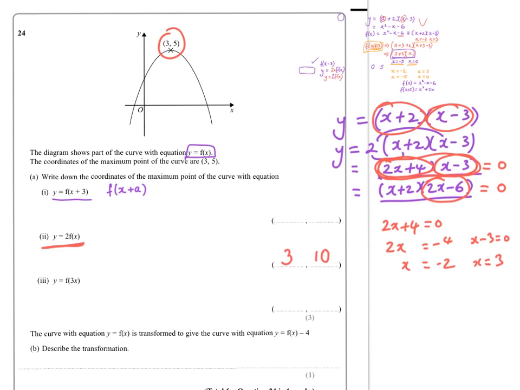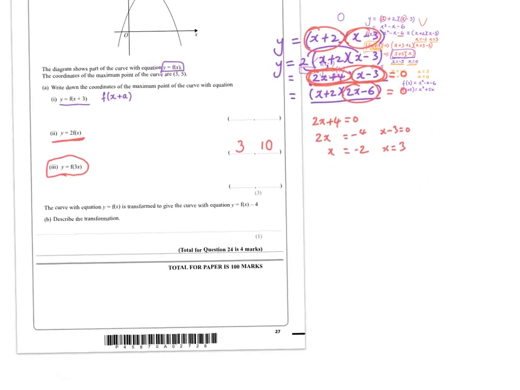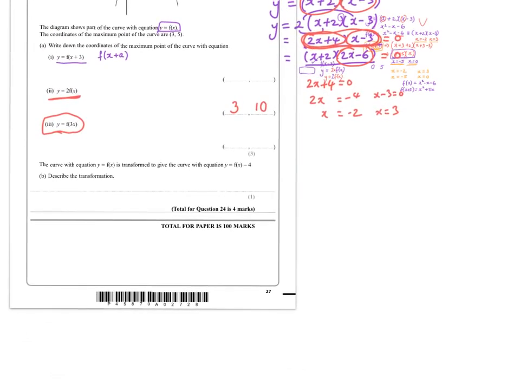And this brings me on to the most difficult type. So we're going to give it a go with my original. Sorry about all of this mess, but let's have a look at our favourite one that we've chosen every time. We had x plus 2 times x minus 3.